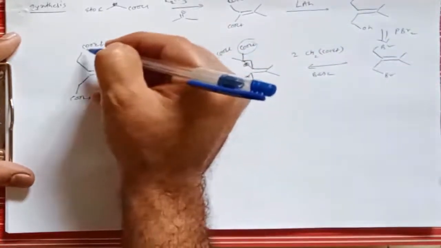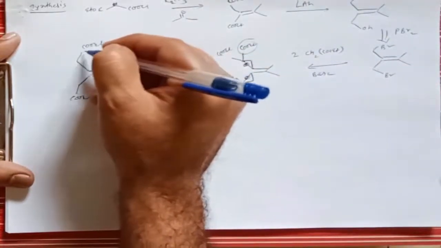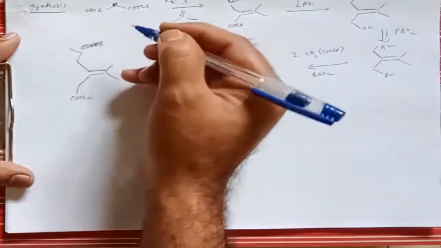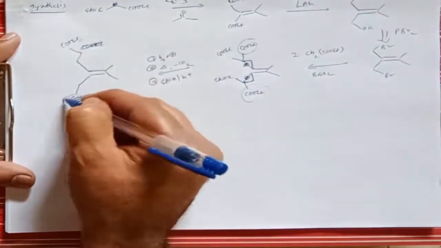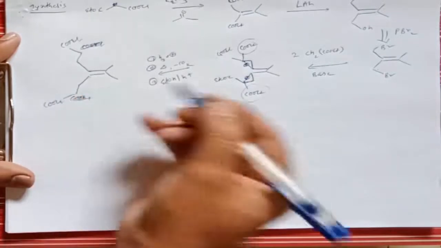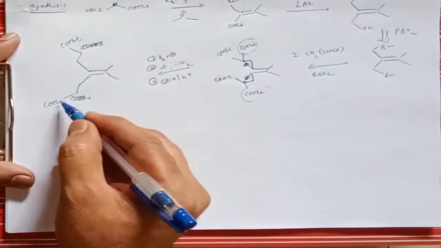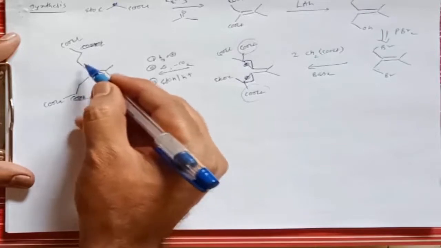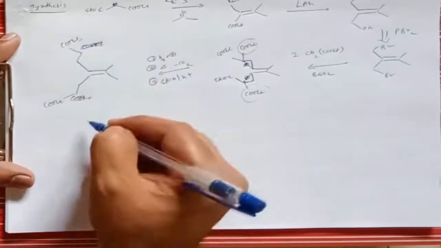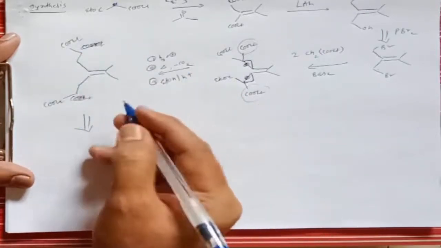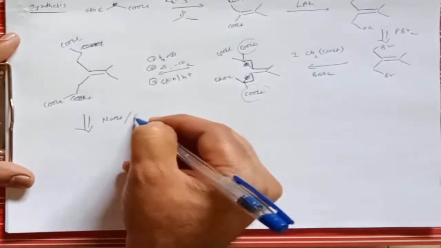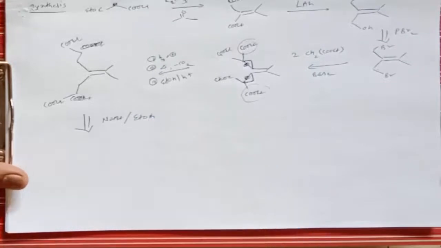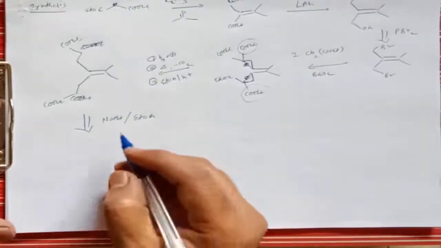So that means it gives formation of COOEt. Here is COOEt. Number of carbons: 1 2 3 4 5 6 and 7. Now in the further step, we have to again take a base, sodium methoxide, in presence of ethanol. So what does it give? It gives formation of Dieckmann cyclization.